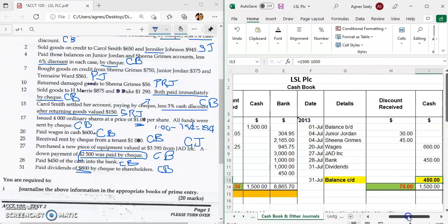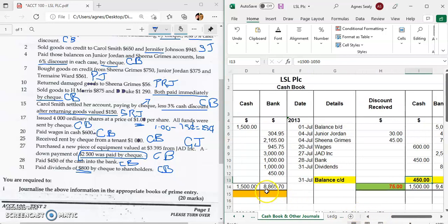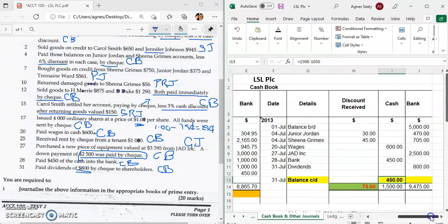And when we look at our bank, the debit side is $8,865.70. But the credit side is $9,475. So for our bank, the credit side is greater than the debit side.